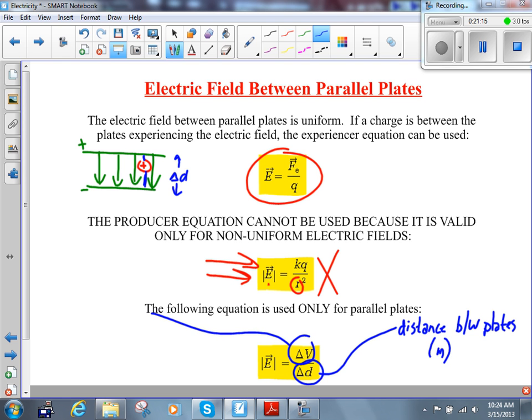Delta V, this is the tough one. We're going to spend more time next week talking about this term, delta V. But we just need to kind of introduce it now so you're able to use this equation. Delta V is what we call the potential difference between the plates.